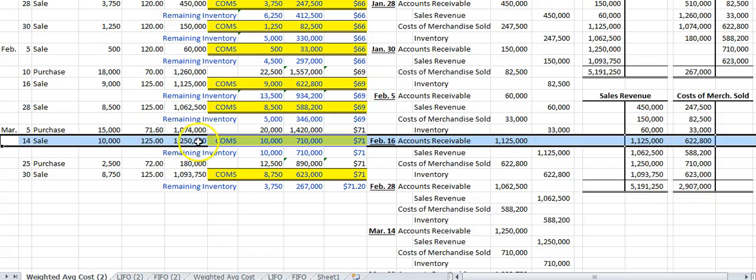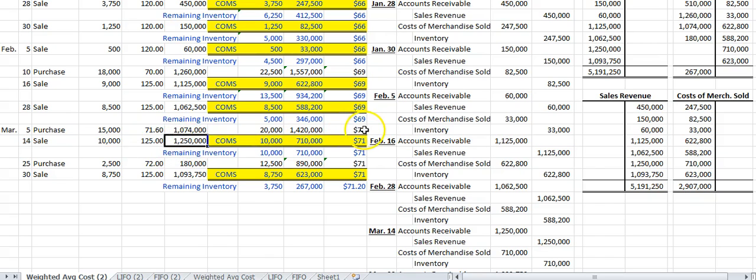Sale is 1,250,000. We apply for 10,000 units. We apply a cost of $71 to those 10,000 units to come up with a cost of merchandise sold of $710,000. We'll go ahead and post the entry somewhere around here. That's the sale of March 14, so it's this one over here.